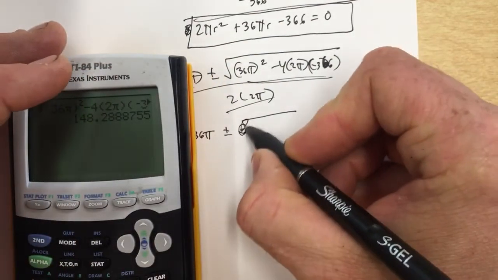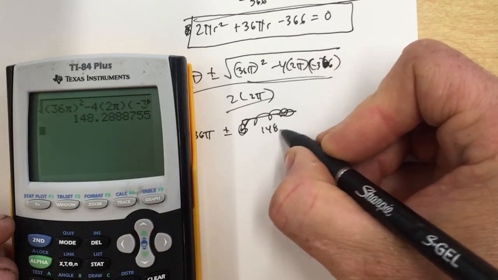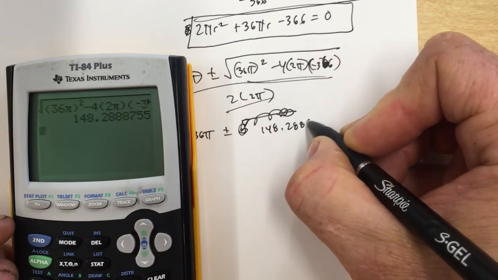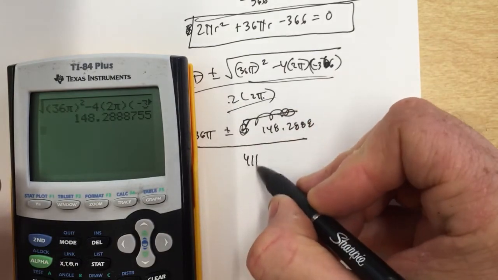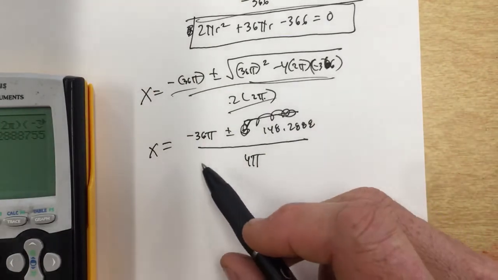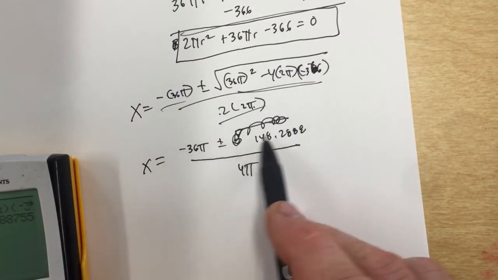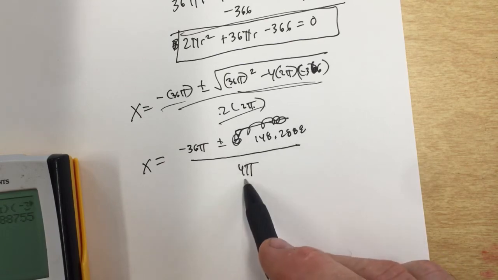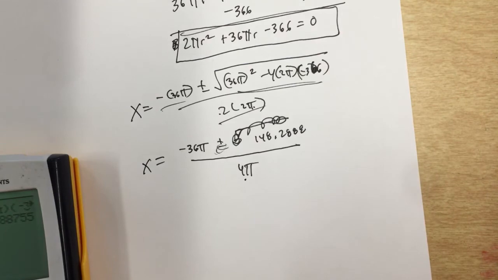Okay, so this is gone because I used it on the calculator. This is 148.2888, divided by 2 times 2 pi, which is 4 pi. Now we'll notice negative 36 pi minus that, divided by 4 pi, is going to be a negative answer. So I'm not going to do the minus one because that's going to give me a negative answer.